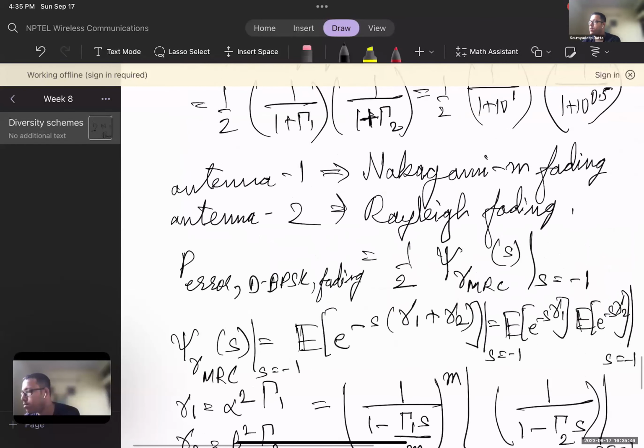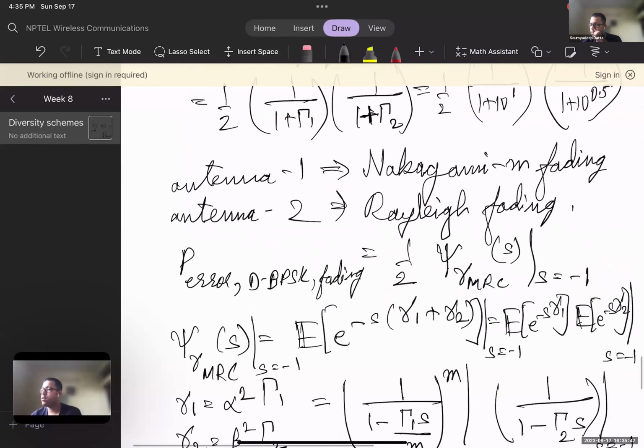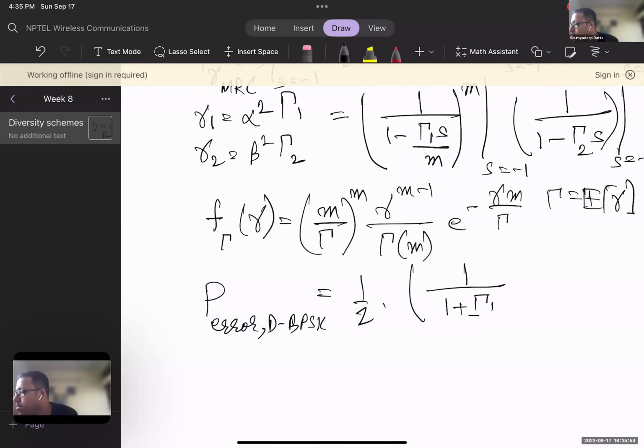So your first antenna is Nakagami m, so you will use the Nakagami m formula. If you put s equal to -1, it will be 1 plus gamma 1 by m whole to the power m. And for the second antenna, you are given it's Rayleigh, so it remains the same. So that is all.